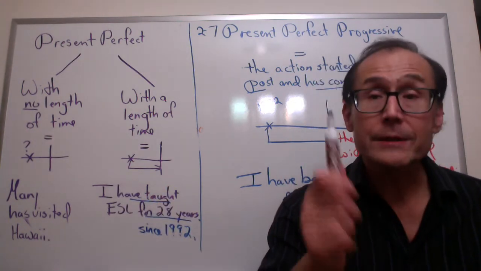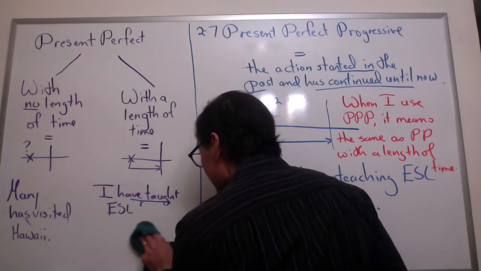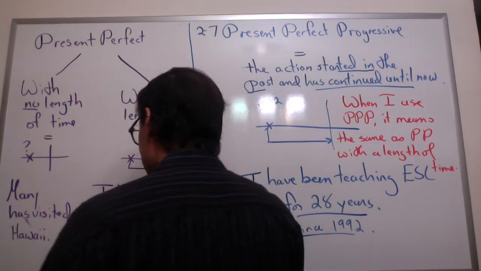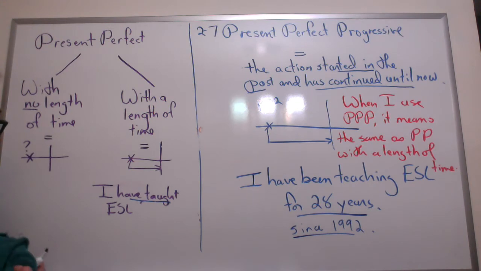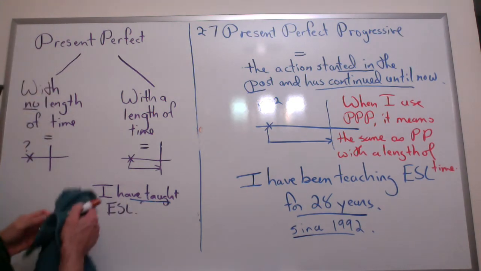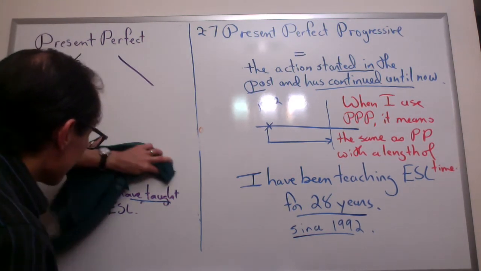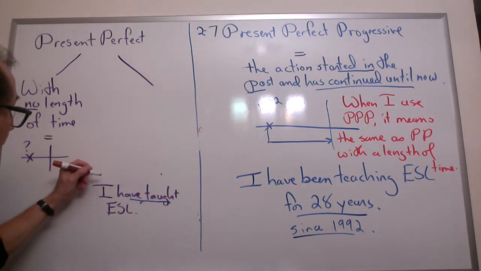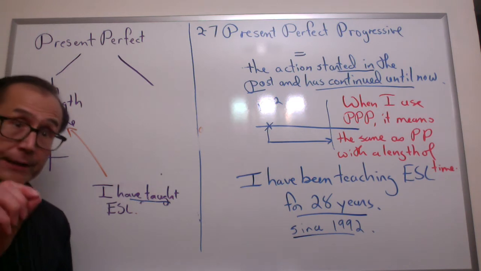But, let's change these sentences. I'm going to get rid of the length of time. Or actually, let me just say, I have taught ESL. If I get rid of the length of time, let me erase this, then it becomes present perfect with no length of time, and the meaning changes.